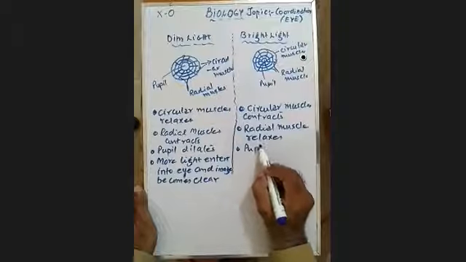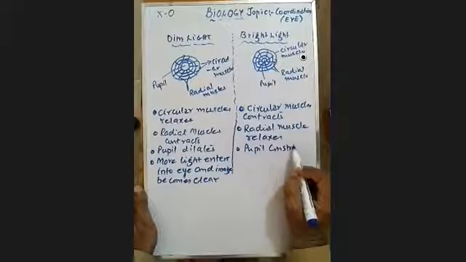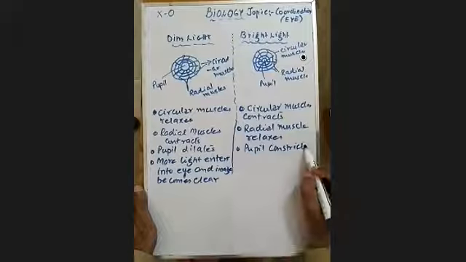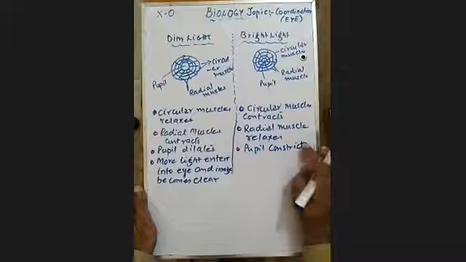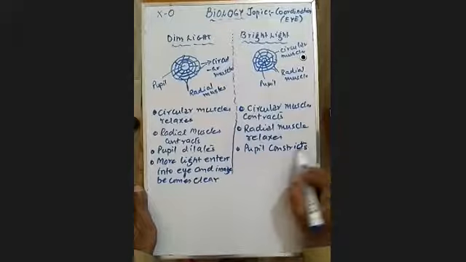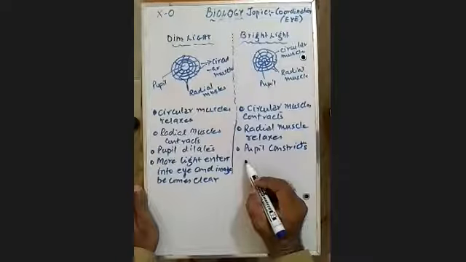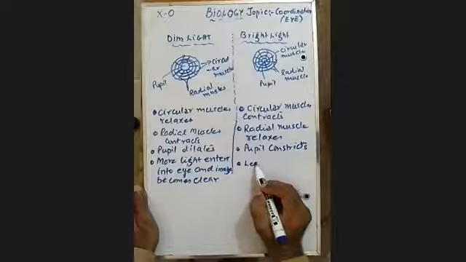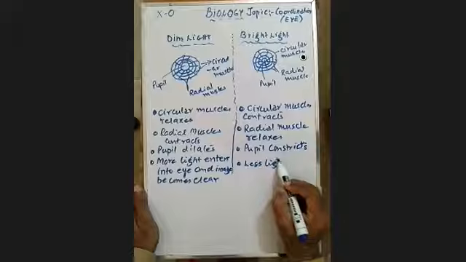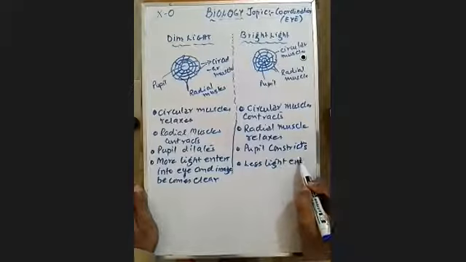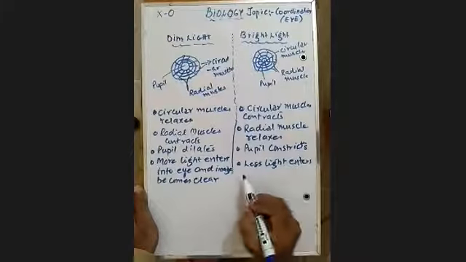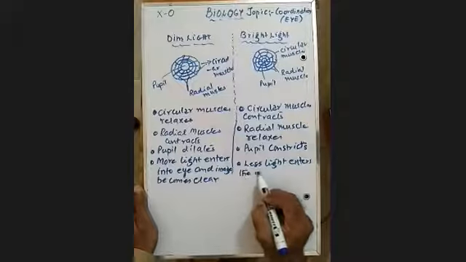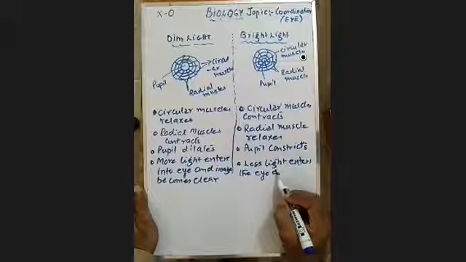Pupil constricts, less light is admitted. Less light enters the eye. And image becomes clear.